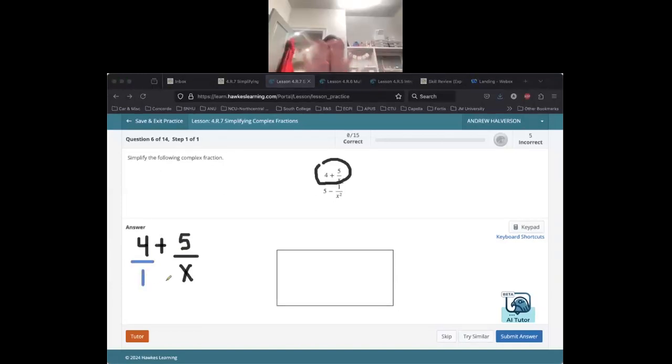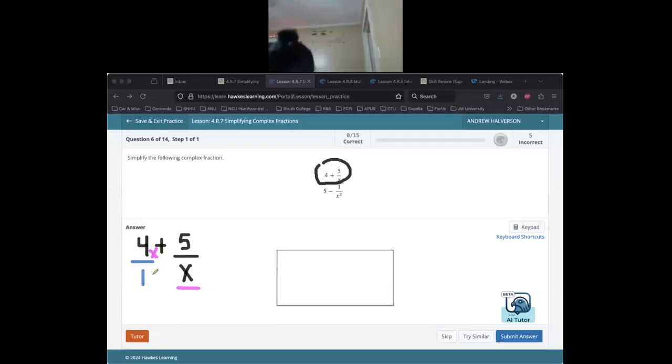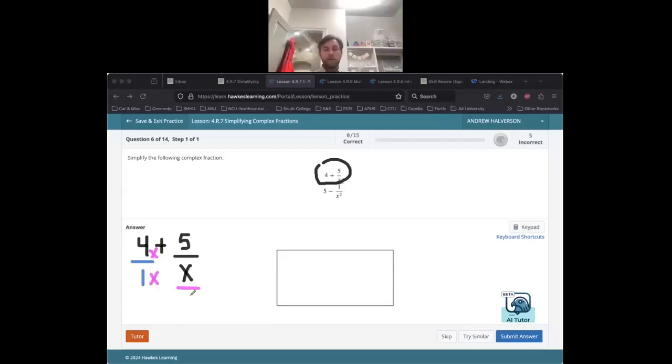Now I have two fractions. How do I get common denominators then? Take the denominator of the second fraction and multiply it to the top and bottom of the first fraction. And then take the denominator of the first one and multiply it to the top and bottom of the second fraction. Always, no matter what context you're in, when you're in week 1 or whatever week we're in now.